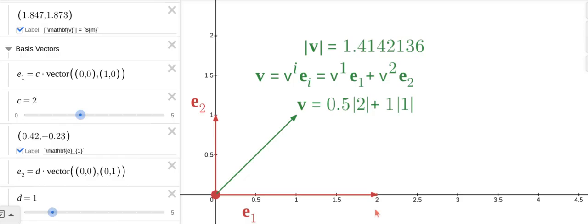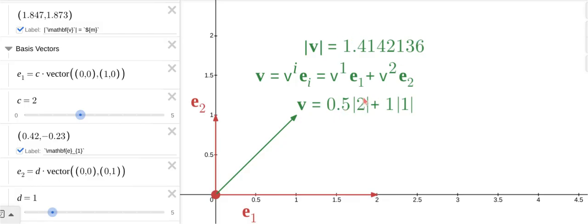What if I double E2? Well, look what happened. The magnitude now is 2. So it's E2 dot E2, which is 4, and the square root of 4 is 2. So that doubled, but the magnitude of the vector stayed the same. Well, how did that happen?